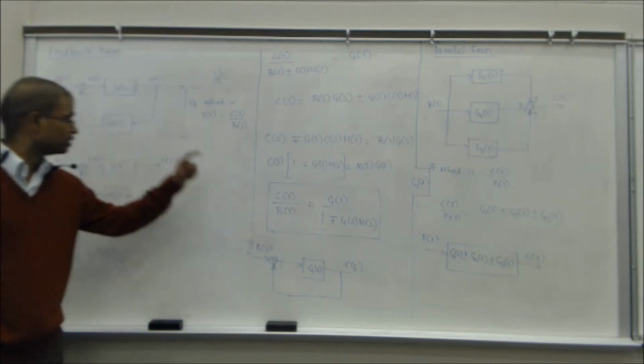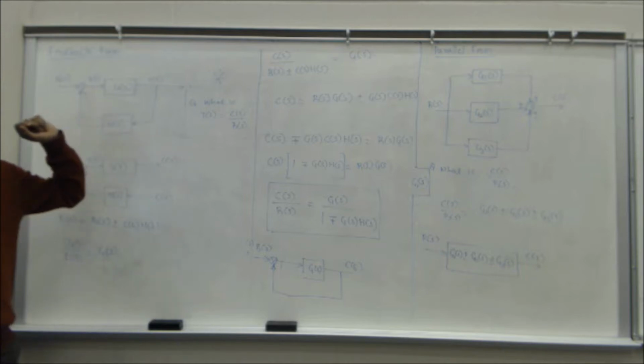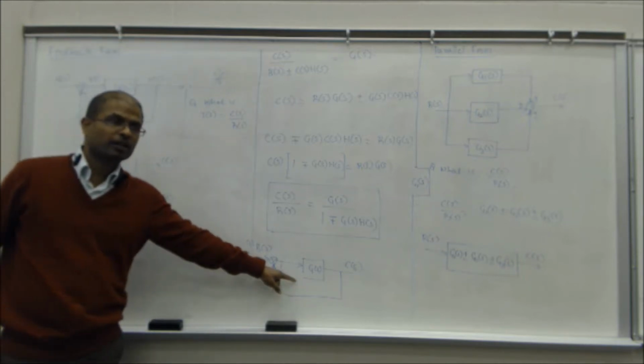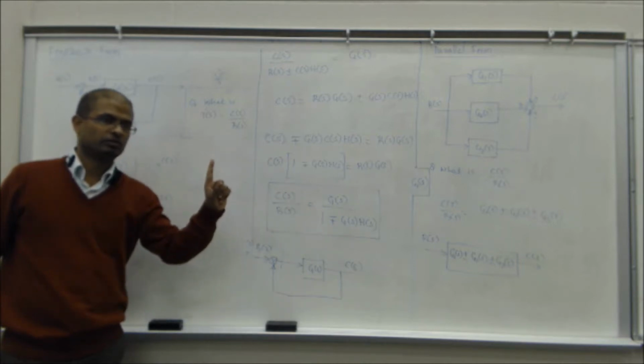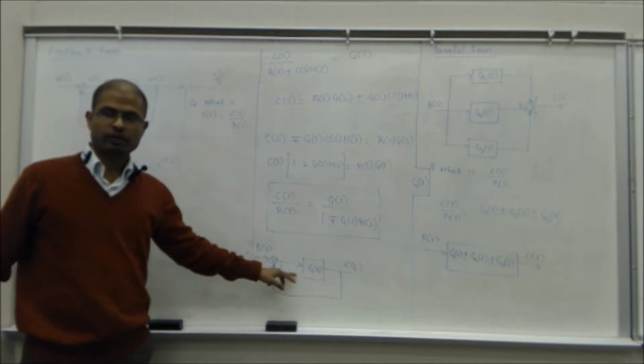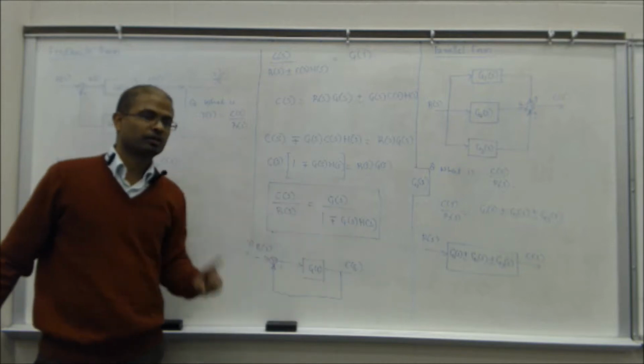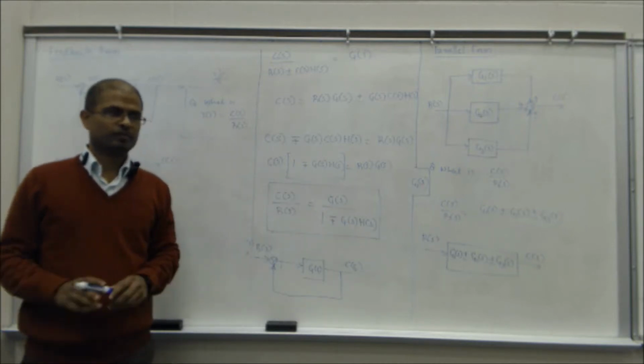Compare this to this. This is a unity feedback system, which means H of S is 1. Okay. So all you need to do is, if you're given such a system, replace H of S by 1.